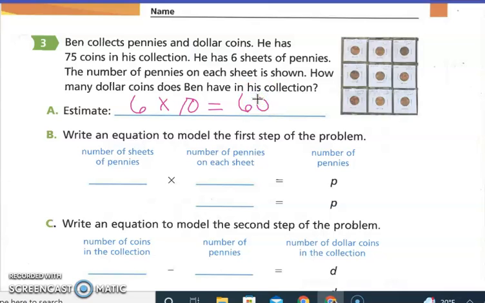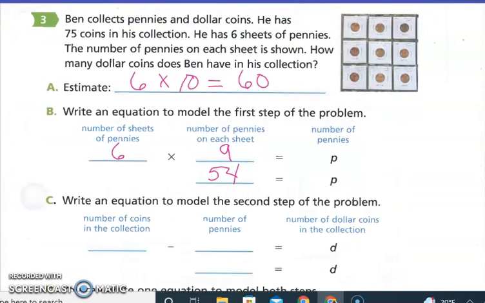It won't round to 60, I know that. All right. So how many sheets are there? 6 sheets. How many pennies are really on the sheet? That equals P, the number of pennies, and 6 times 9 is, Catherine? 54. So 54 pennies altogether.